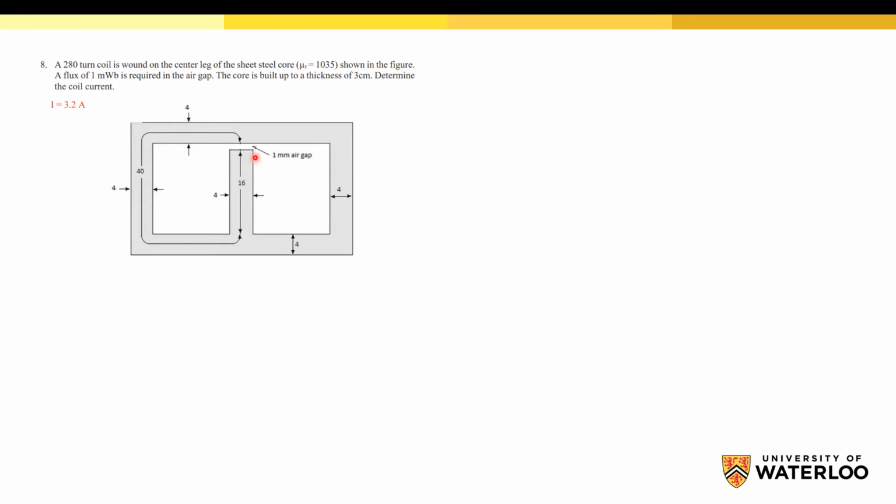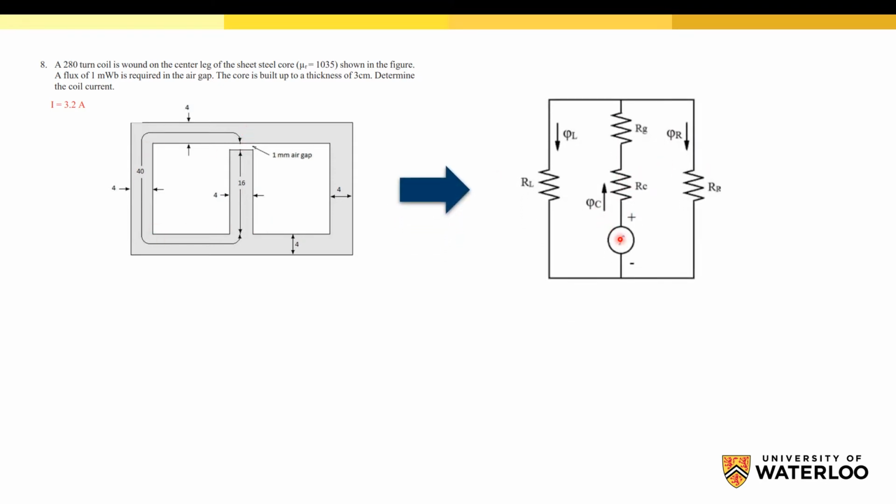Then we have two parallel reluctances, one for the right leg and one for the left leg. So this is the equivalent circuit. We have a flux, we have a source, and we have the reluctance for the air gap, and of course the reluctance of the core in the center, and one reluctance for the right leg and one for the left leg.